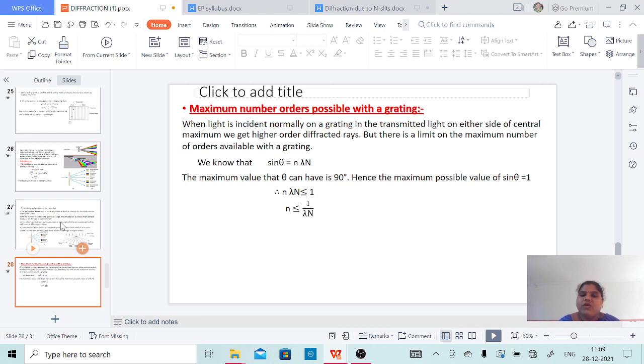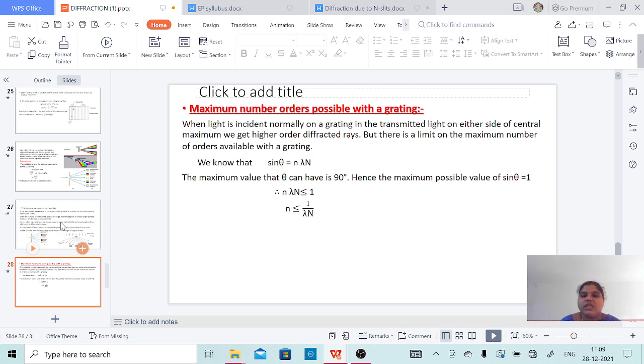The maximum value theta can have is 90 degrees, hence the maximum possible value of sin theta equals 1. That means N n lambda is less than or equal to 1, hence n is less than or equal to 1 by (N lambda).